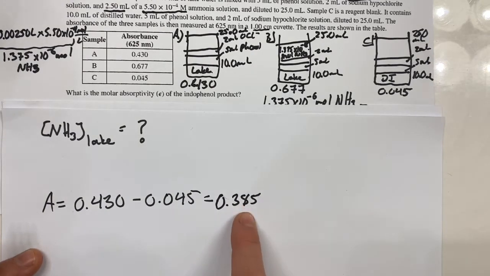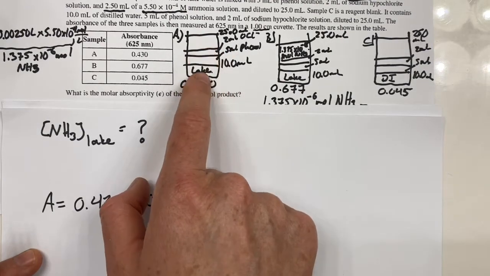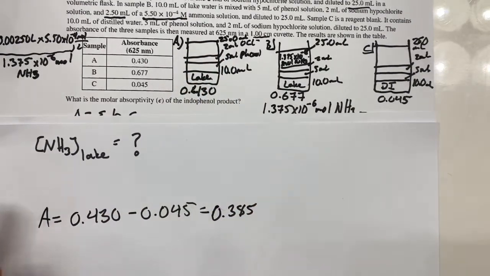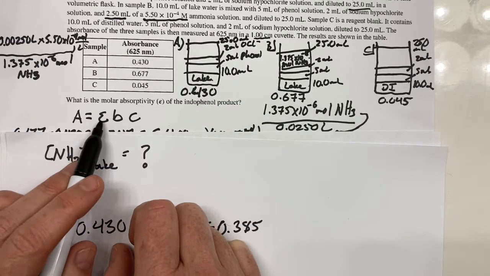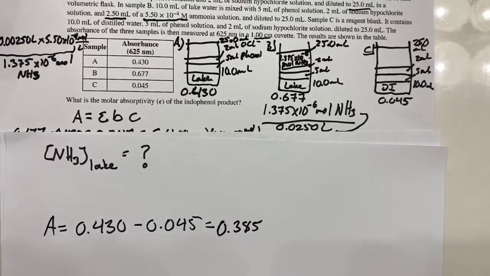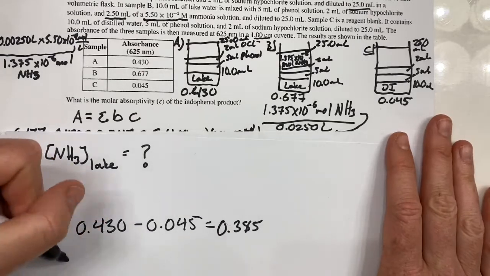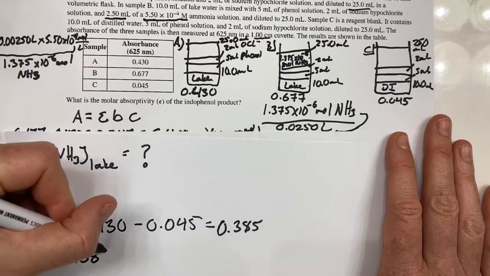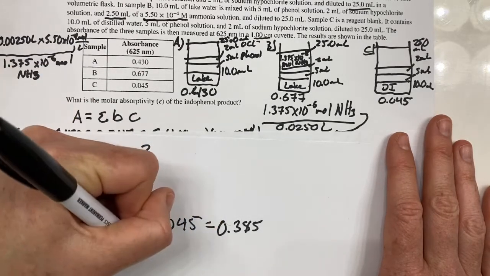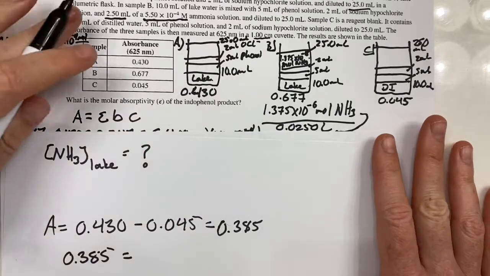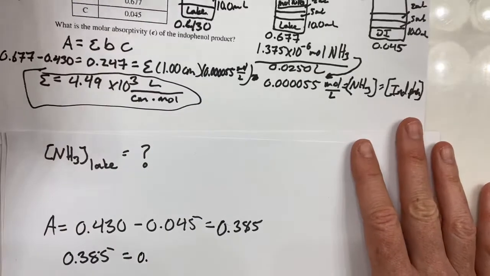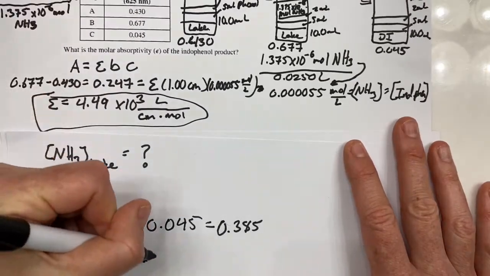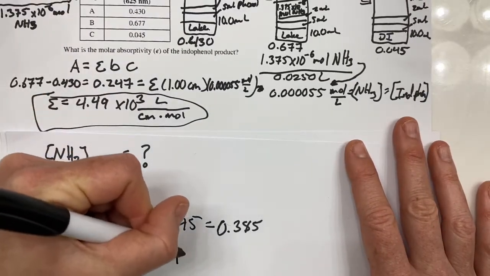Okay, so once we have the absorbance from just the lake, again, when we have A equals EBC, since we already know this, the molar absorptivity coefficient, we can find the concentration at any given place. So let's go ahead and just plug and chug. 0.385 equals E. Our E, and again, is going to be the 4.49. Let me write it in scientific notation.